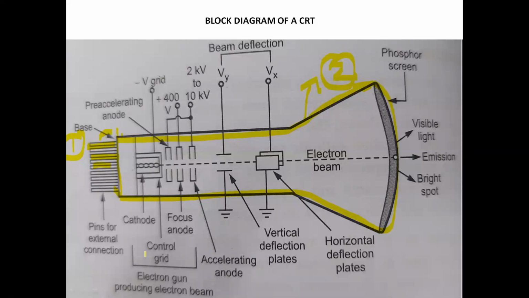Next, coming to the third section. This is the electron gun producing the electron beam. The third section is the electron gun which produces the electron beam.